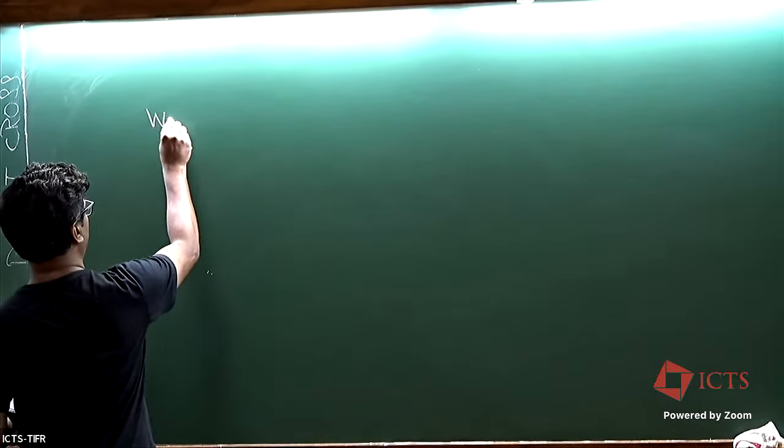So let's go ahead and calculate it. This will be 1 by 16 pi G, the partial derivative with respect to R alpha beta gamma delta of L as a function of R. So it is clear that this will be L prime of R times 1 by 16 pi G, and then the partial of R with respect to R alpha beta gamma delta. Note that one has to be a little careful in taking this derivative.